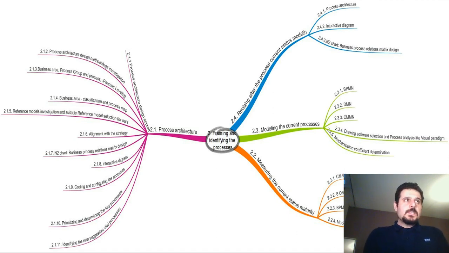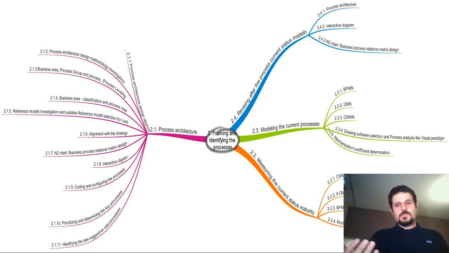You should investigate your approach to designing process architecture. Is it, for example, a goal approach, a reference model approach, or any other approach? But on my side, based on my experience, I designed process architecture for more than 10 organizations.